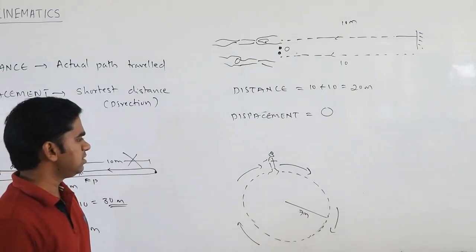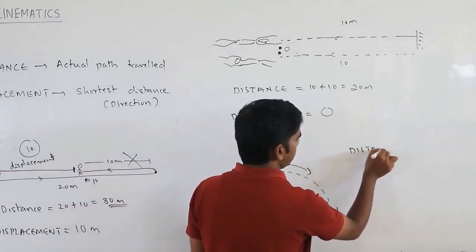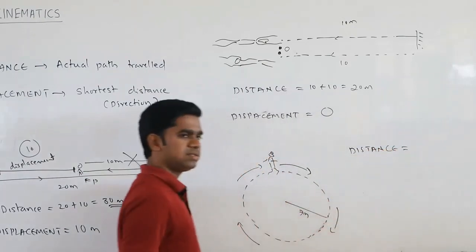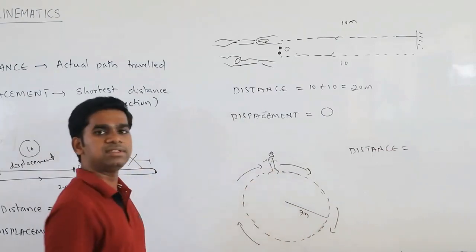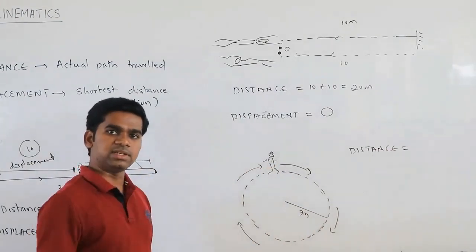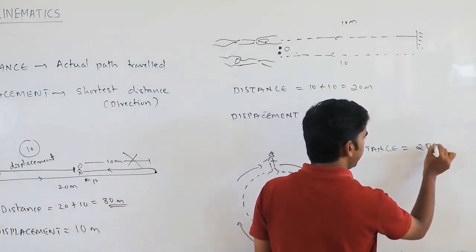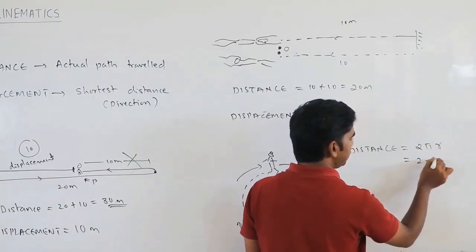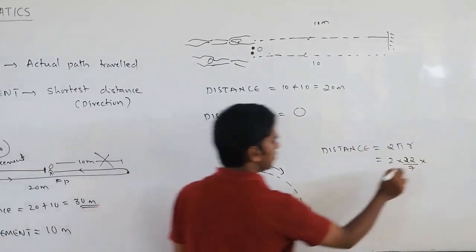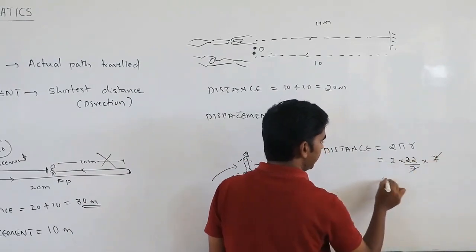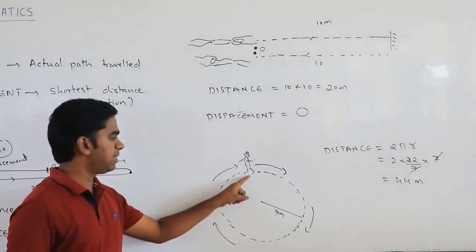Now what is the distance traveled by him? Starting from here and completing one round, it is nothing but the circumference of the circle. The circumference of a circle is 2 pi r. 2 pi means 22 by 7, and r is the radius of the circle. The radius is 7, so the 7 gets cancelled. So 44 meters is the distance traveled by this person.